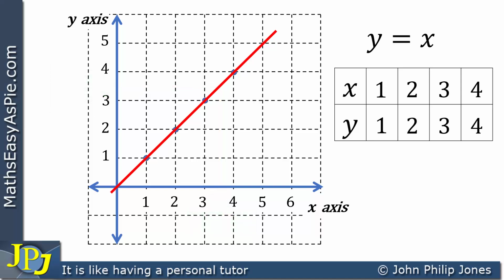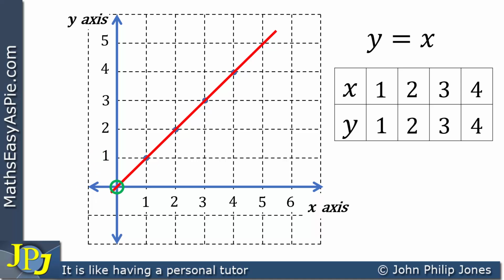Now I'd like to move on and ask a question. Have a look at the graph and ask yourself this question. Where does the graph, which is a straight line graph, cross the x-axis, and where does it cross the y-axis? Now, if you look carefully, it crosses it at the position shown by that bouncing circle.